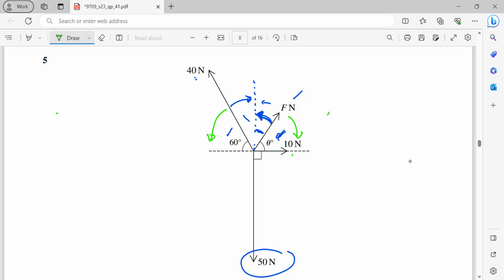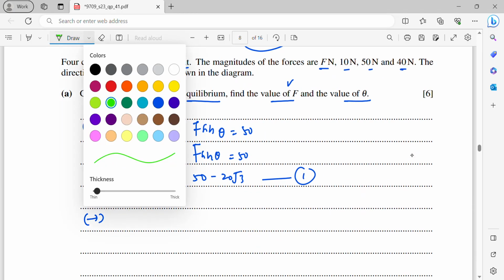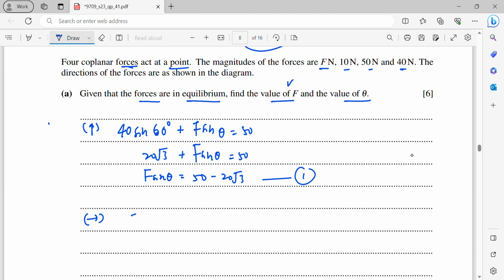So from here, I will get 10 newton towards the right side, the F newton together with the cos theta, because I move down this F using the angle theta towards the right side. And then it will be the same as 40 newton cos 60, because I'm moving it down using 60 degrees, its own angle.